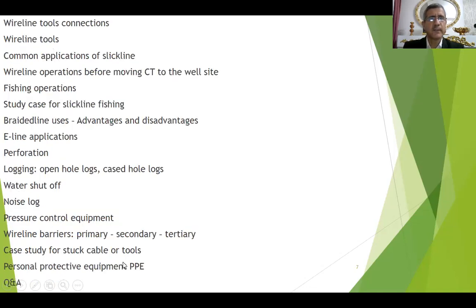Here also are wireline tools and connections, the wireline tools that are used mainly in wireline intervention operations. We can see also common applications of slickline, wireline operations before moving coiled tubing to the well site, and fishing operations. We have also a case study for slickline fishing.